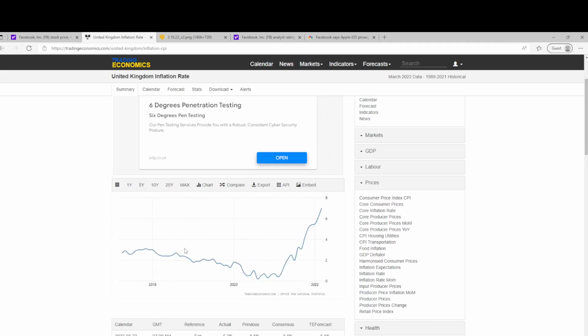On the 5-year plot, we got down to very low, obviously, when everything was shut down, and since then we've printed an awful lot of money. Some of this has been attributed to the war, which I don't think is quite right. We were over 6% before the war, so in my opinion it is largely down to the money printing.